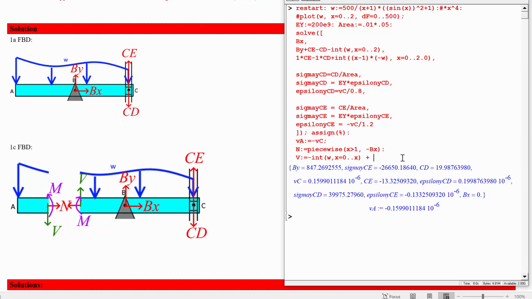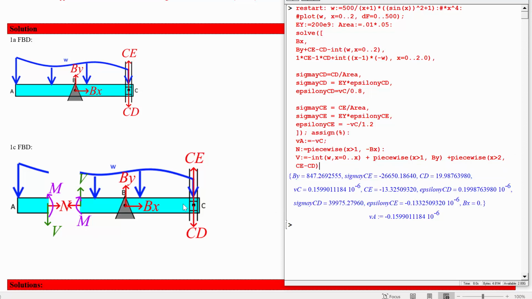Plus a jump of By as long as we're past x is 1. And then that'll take us all the way to the end of the thing. But just to add that in and see that we go back to 0, we'll say plus piecewise if x is greater than 2. Let's see, we will increase the shear force by CE and decrease it by CD.